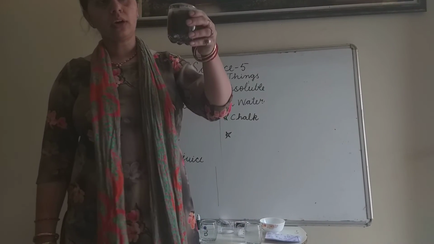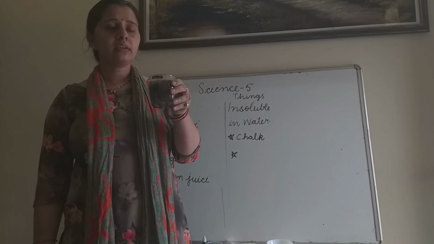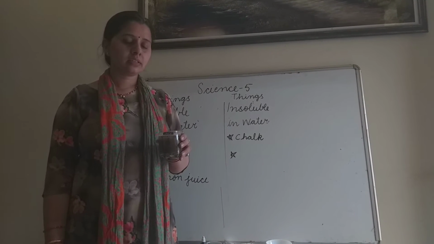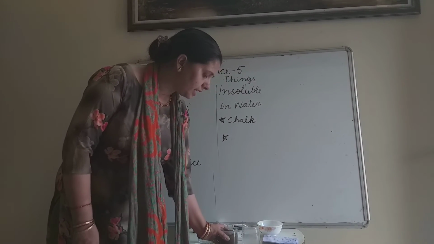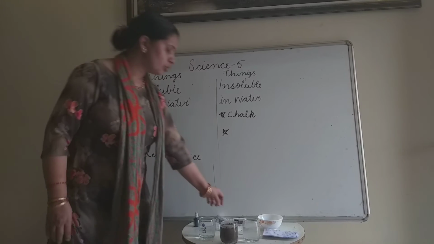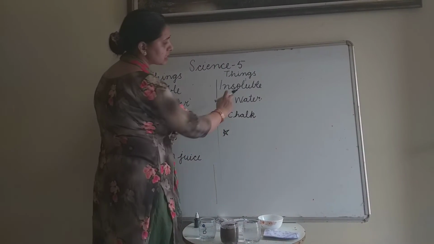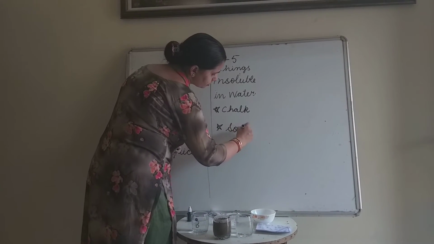You can see this soil. Is it dissolving? No. Why? Because soil has big particles that are made from rock and a leaf, that is humus. So soil will not dissolve in water. So the things that is insoluble in water is soil also.